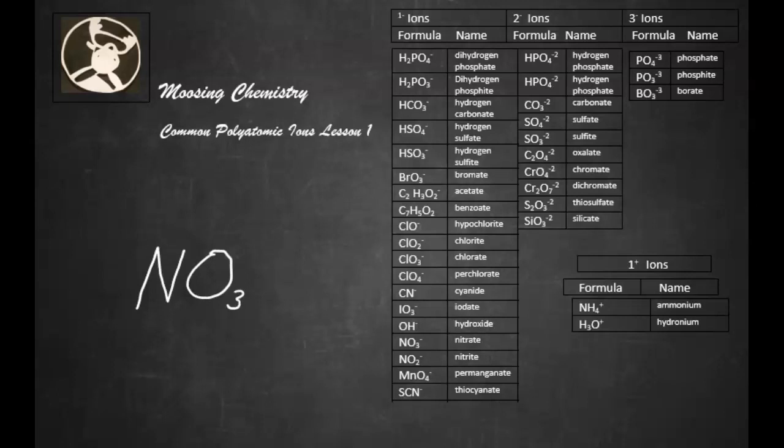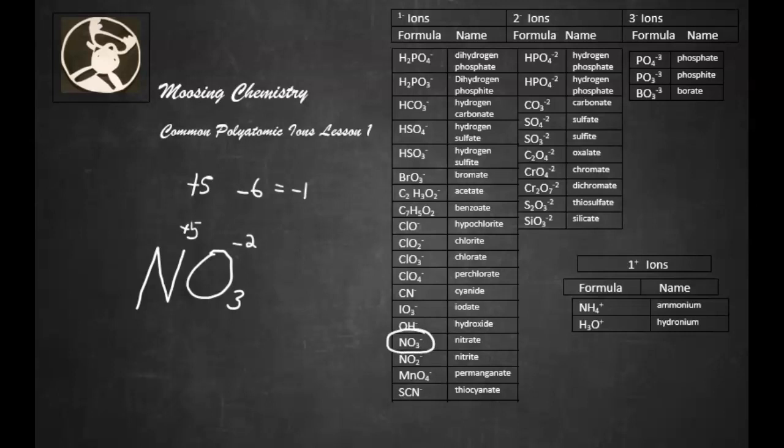All right, now nitrogen is in group 15, so it normally has a +5 charge. Oxygen has a -2 charge because it's in group 16 and it's in the anion position. So 3 times -2 is -6. So we have +5 here. So 5 minus 6 equals -1. And as you can tell, nitrate right here does have a -1 charge. See how nicely that works out?